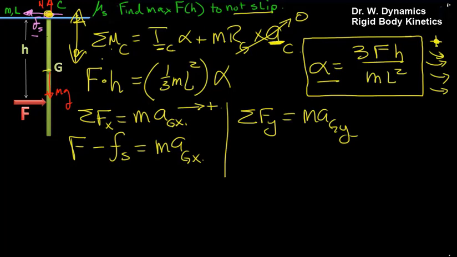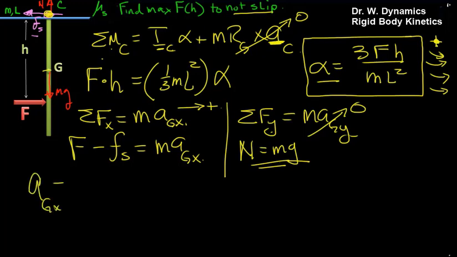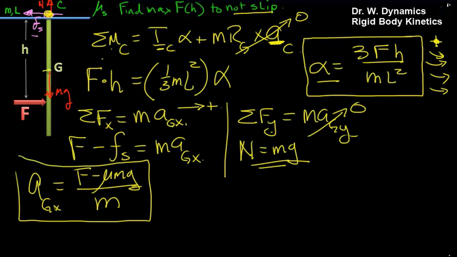There's no real impacting forces in those directions. So a_gy is 0, and we find then that the normal force is simply mg, which we suspected from the start, which means the friction is mu mg. So a_gx is (F minus mu mg) over m. So that's the acceleration of the center of the system.